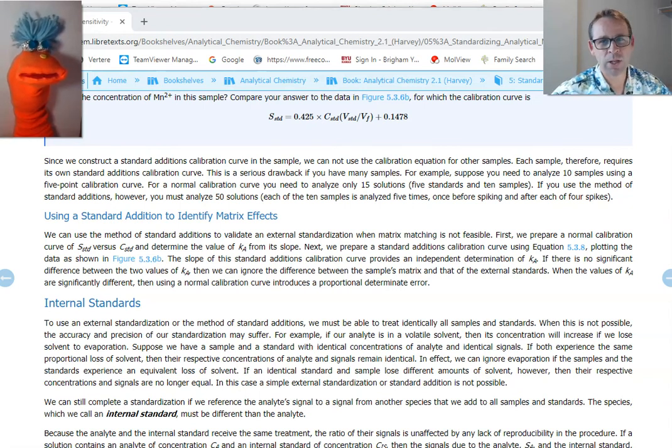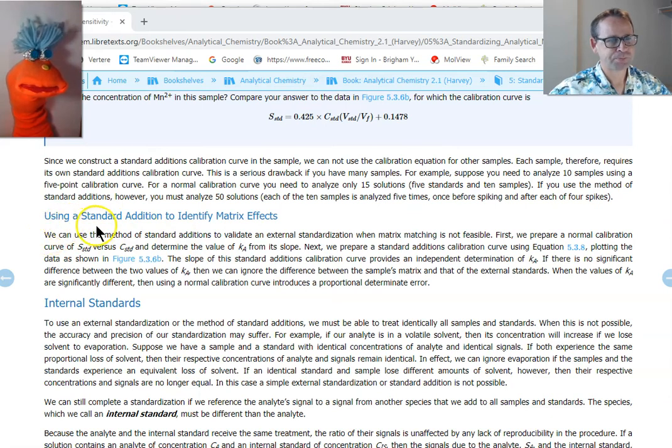So instead of making one standard curve that you could use on lots of samples, every time you want to analyze a sample, you have to make a new standard curve. That's a serious drawback to this sort of method, but it can be very helpful and accurate.